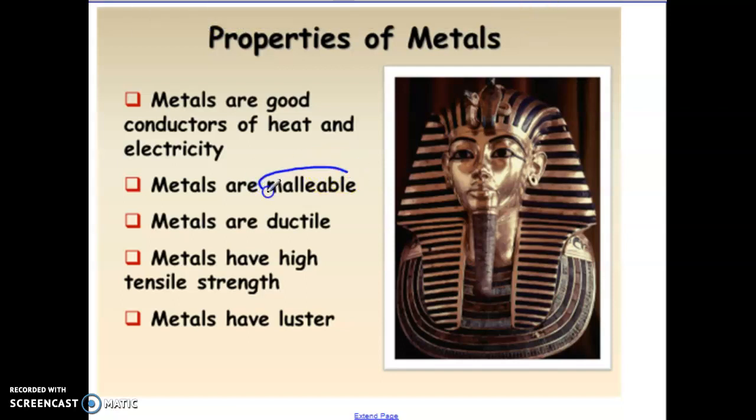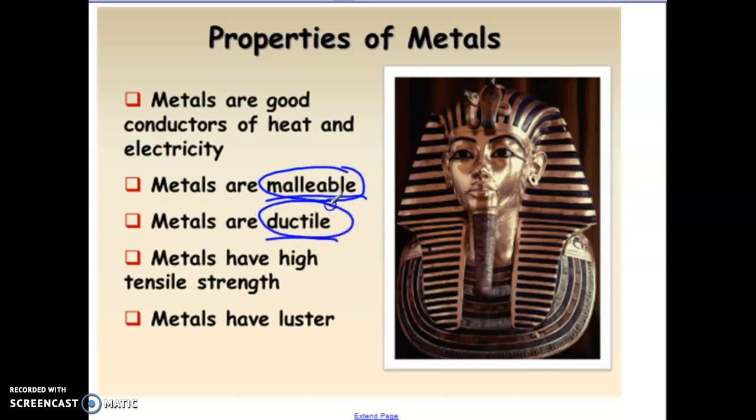Metals are malleable, meaning we're able to hammer them and bend them, make them into different shapes, right? If we're looking at this sarcophagus that the mummy is in, this is metallic, right? But we're able to bend this shape because metals are mostly malleable. Metals are also ductile.